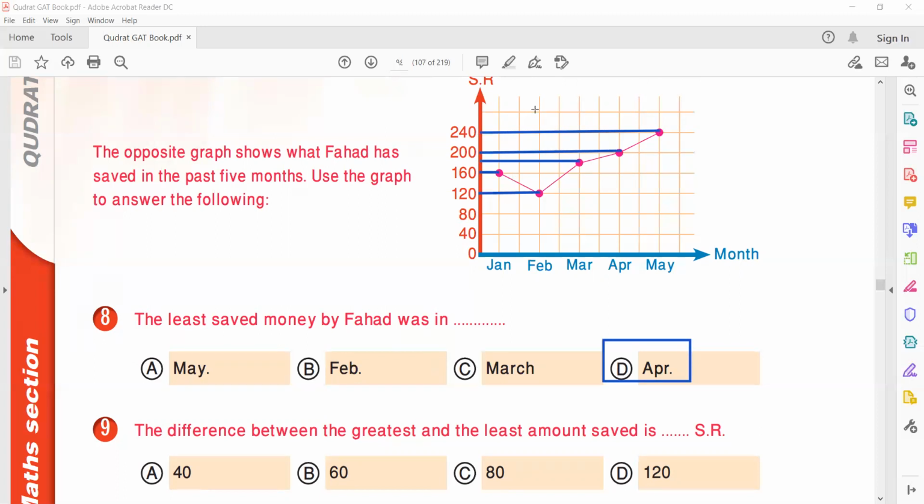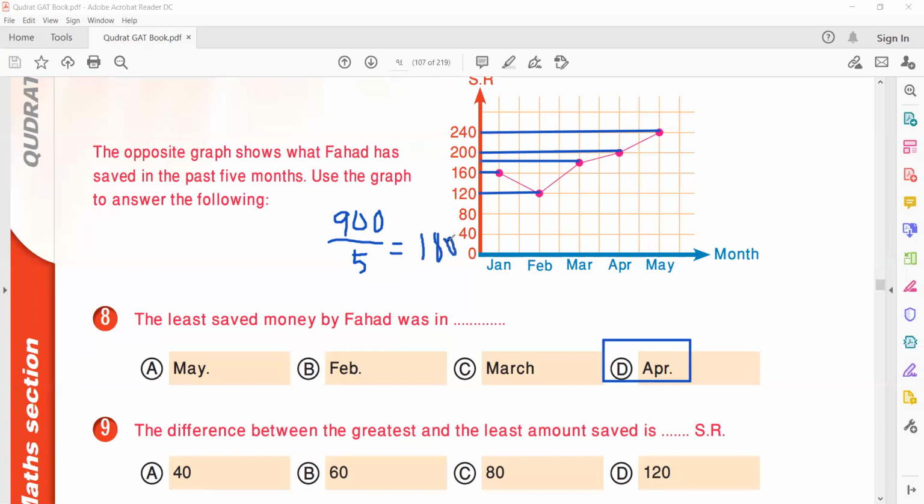He wants the average. If you add, it is not the average, the sum is 900. How many values? I have five values. You divide it to find the average. 900 divided by 5 is 180.